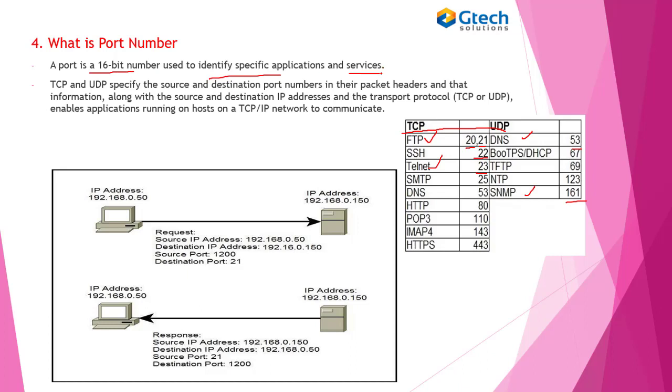When we say port number 20, we know which protocol? FTP. It uniquely identifies applications or services in the internet. When we say it's port 23, which protocol is that? It's Telnet.